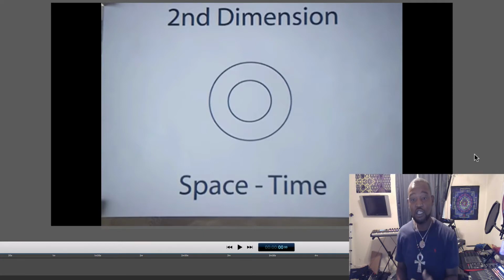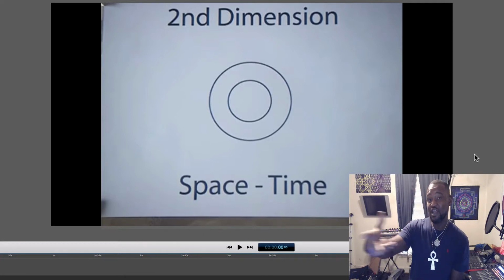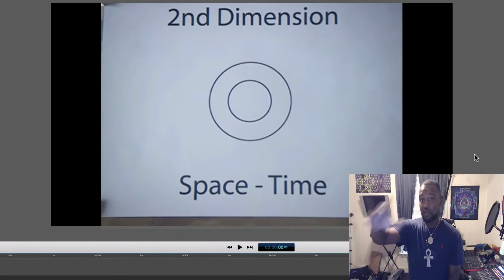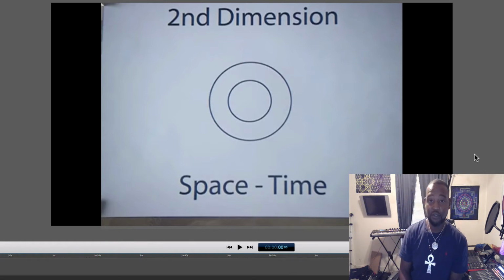That would be the next progression to make the third. But we're looking at space and time right here. That's the second dimension. Okay.